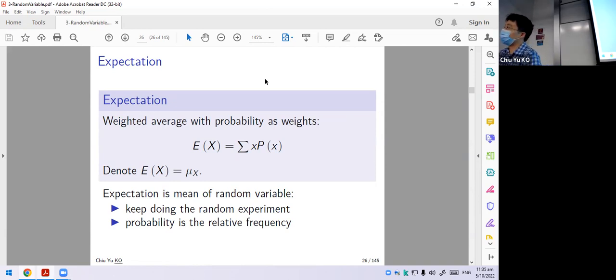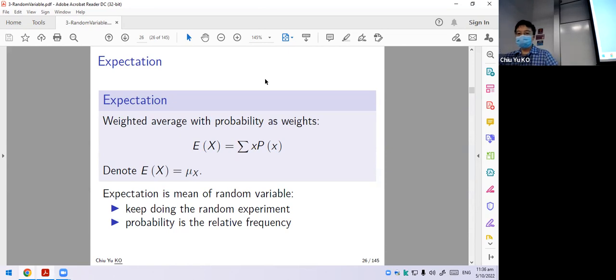Same here. If I give you a discrete random variable, and you give me the big P, the probability for each value of x, imagine yourself repeating this experiment many times.